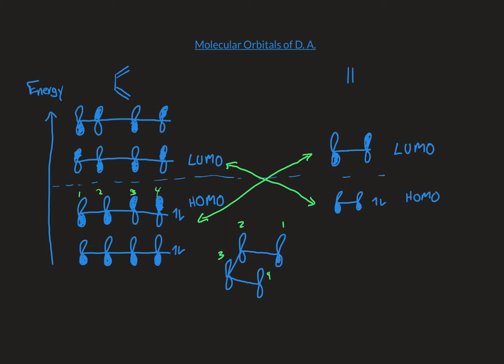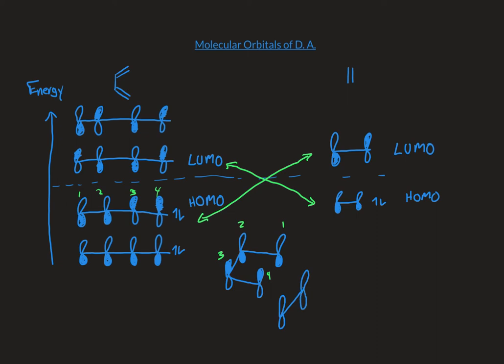Carbon 1 and 2 have shaded phases on the bottom, and carbon 3 and 4 have shaded phases on the top. So that's the HOMO of the diene, and it's going to interact with the LUMO of the dienophile.